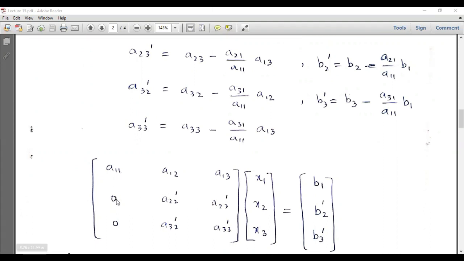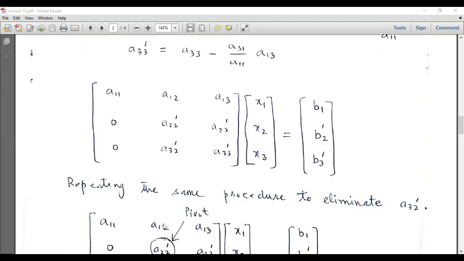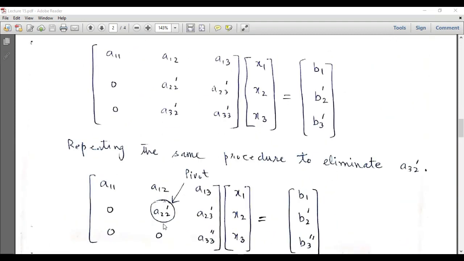First we have to make this entry equal to 0, then this entry equal to 0, then this entry equal to 0, and so on, such that only the principal diagonal and the entries above the diagonal are non-zero, and all the entries below the diagonal are equal to 0.